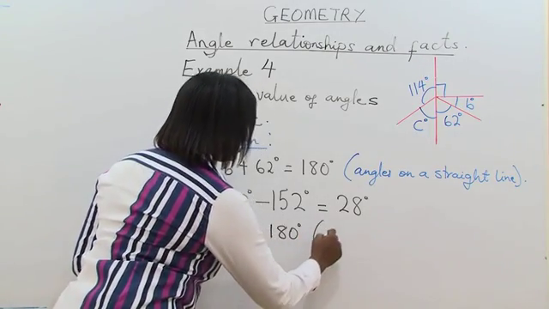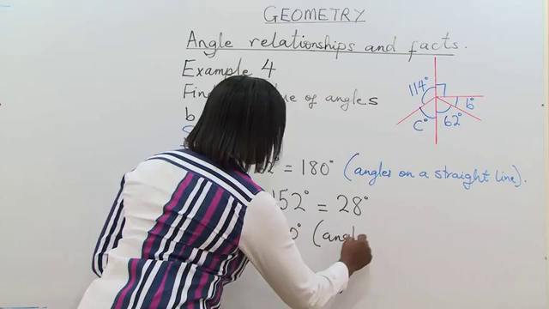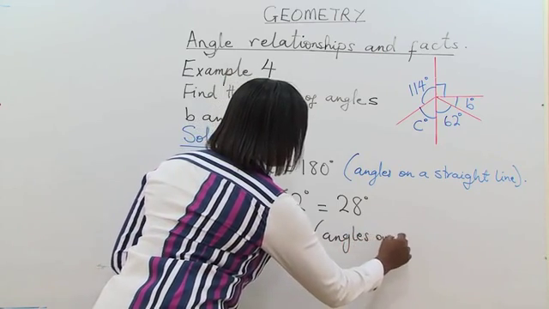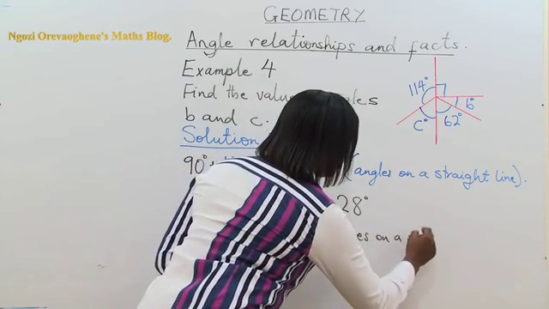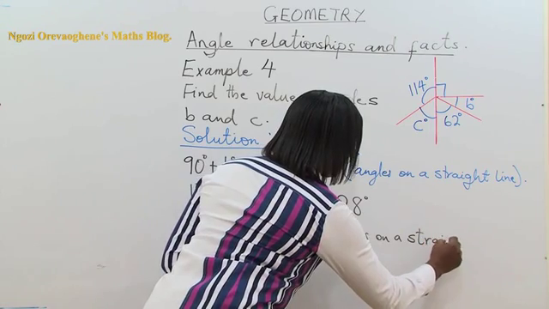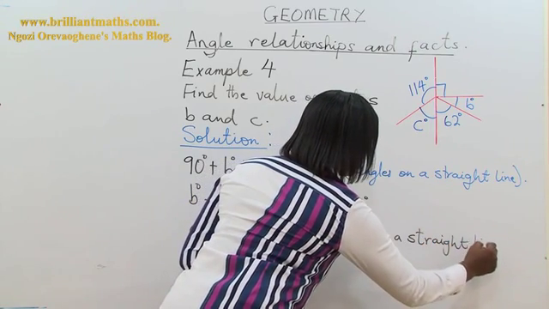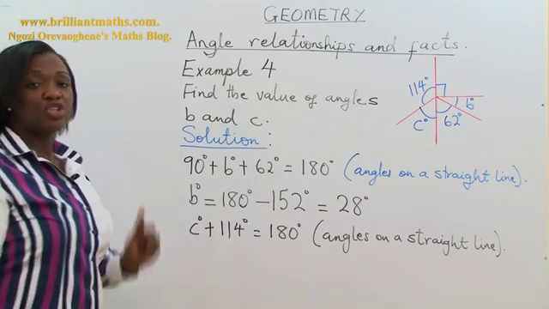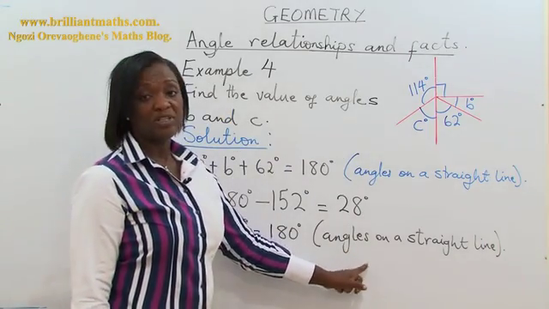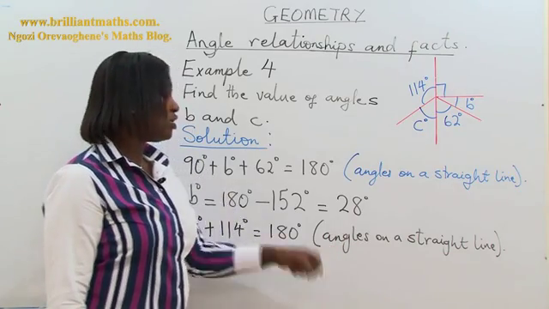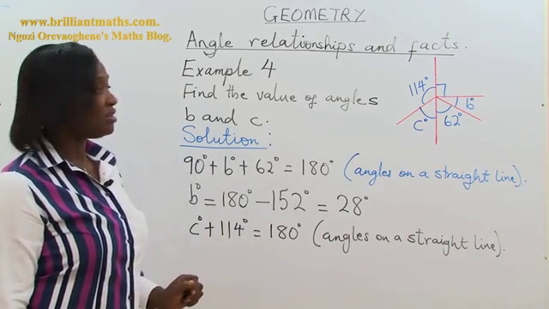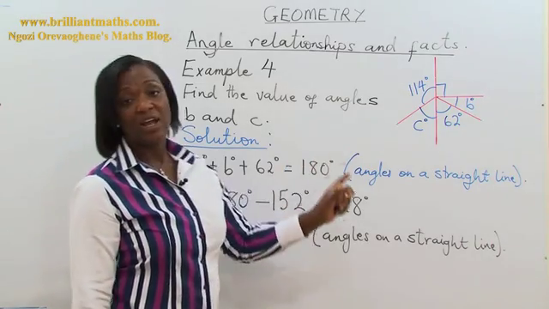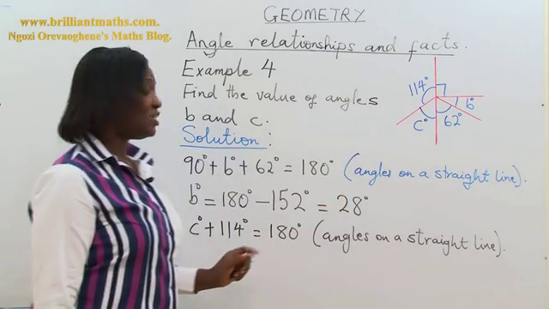The reason is angles on a straight line. When you make a claim like this, it's usually good to put down your reason. And your reason is based on known facts. We know that the angles on a straight line add up to 180 degrees.